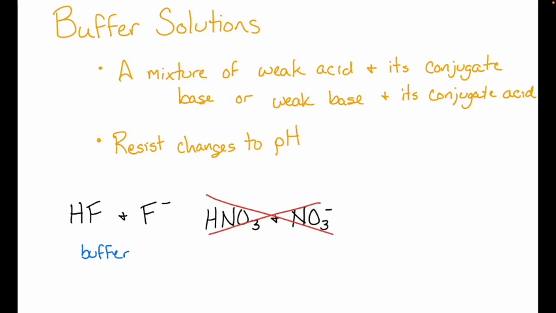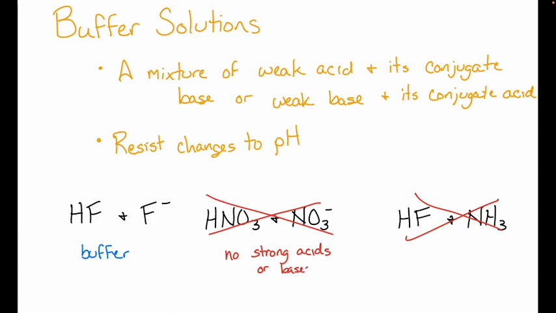Likewise, I can't just take any random weak acid and any random weak base and mix them together and create a buffer solution. This isn't going to do it either, because these are not conjugate pairs, right? So again, we can't create a buffer with any strong acids or bases. And this mixture that we have has to be conjugate pairs.